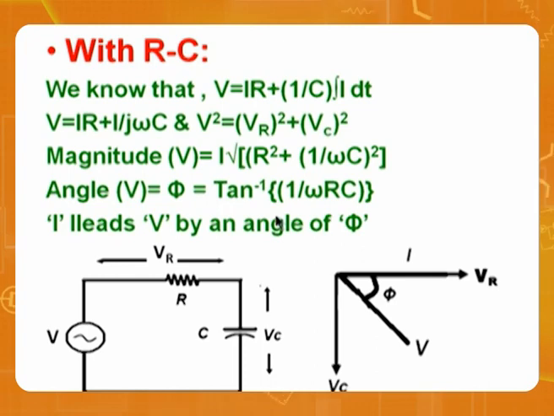Like this, for any circuit, you don't need to worry too much about it. Get the expression. From the expression, tan inverse of imaginary by real will give the angle, and the magnitude of each component will give you magnitudes. For example, root of x square plus y square will give you the magnitude.